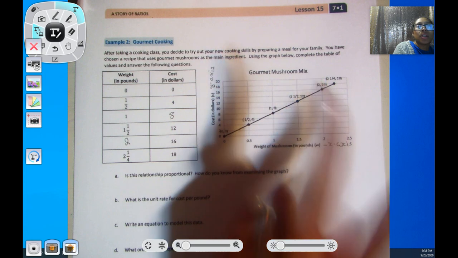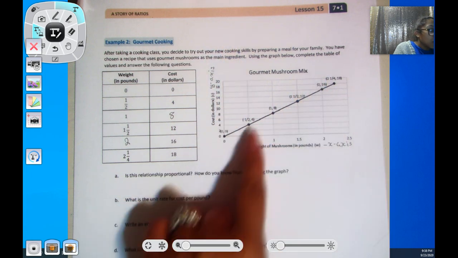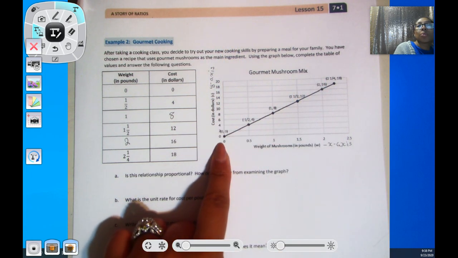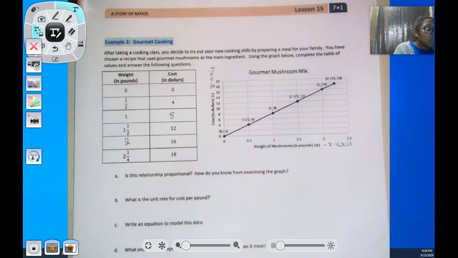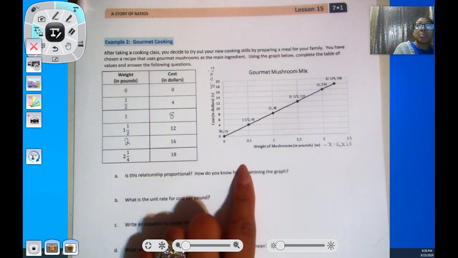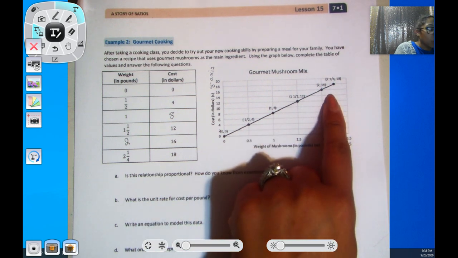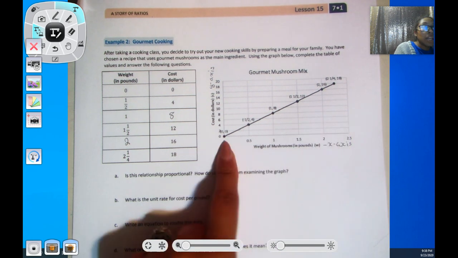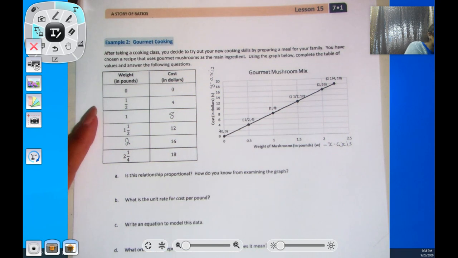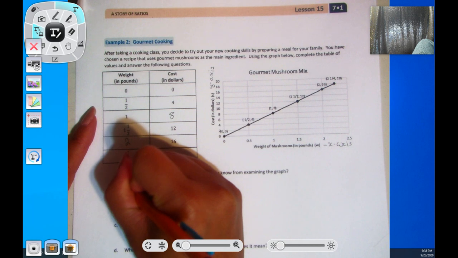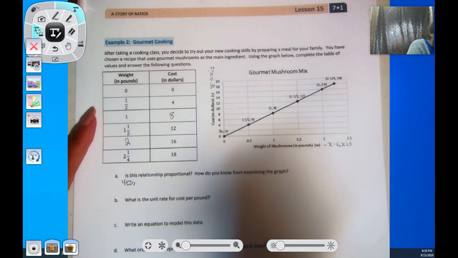The second thing is that that straight line has to go through the origin, that point (0, 0). As I'm looking at this graph, does it meet both requirements? Yes, my pairs of quantities form a straight line going across my graph, and it goes through the point (0, 0), our origin. So is this relationship proportional? Yes. How do I know?